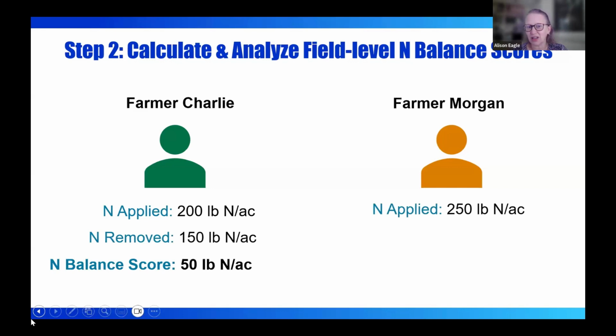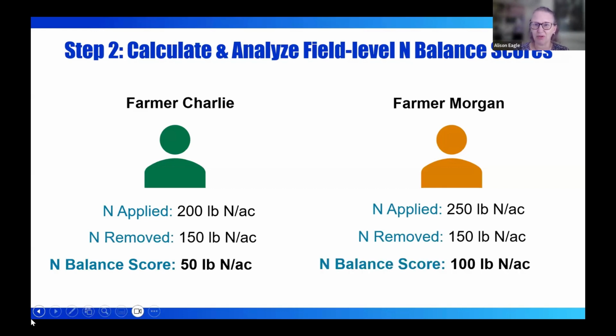Farmer Morgan, on the other hand, applied more nitrogen per acre and had a similar yield, so they also removed 150 pounds of nitrogen per acre, with a resulting nitrogen balance score of 100 pounds of nitrogen per acre. This means that Farmer Morgan has a higher risk of losses of nitrous oxide, as well as other forms of nitrogen losses that can be problematic, including nitrate and ammonia losses.